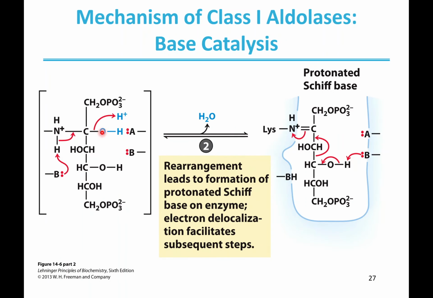This intermediate then undergoes a rearrangement. There's a base abstraction of a proton from the nitrogen of the lysine, and the oxygen at carbon 2 is going to leave in the form of water, and then you get this Schiff base intermediate that's formed.